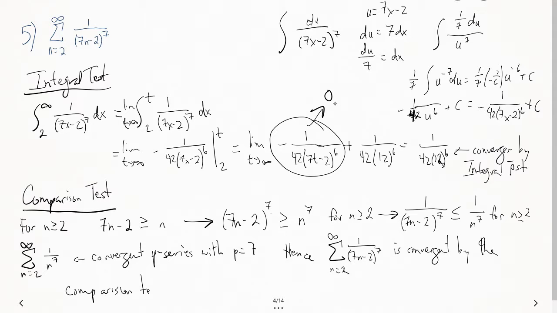By the way, you could also use the limit comparison test. That would do the same thing. You're just taking the ratio of the two, so 1 over n to the 7th and 1 over 7n minus 2 raised to the 7th. You will find that the limit as n goes to infinity of those two would be either 7 or 1/7, depending upon which one you had on top. But that's good enough for us, so we can use the limit comparison test, and also since that one is actually a p-series with p equals 7, we'd be done that way.